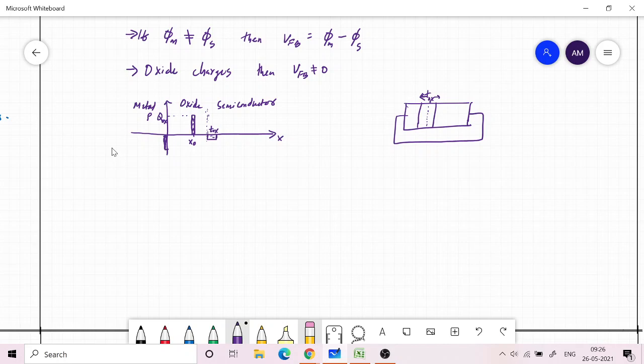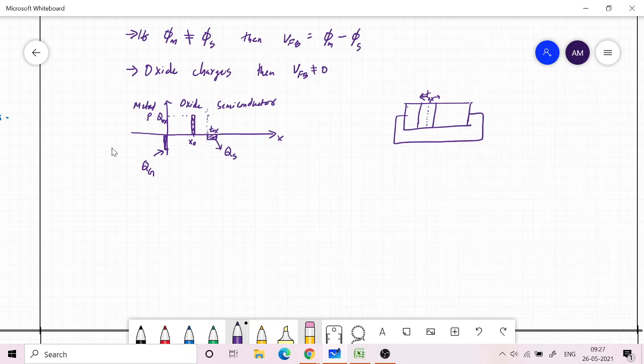I am drawing downward, which means it is negative, such that the entire thing is going to be neutral. So let me call this QG, and similarly, like before, this QS.